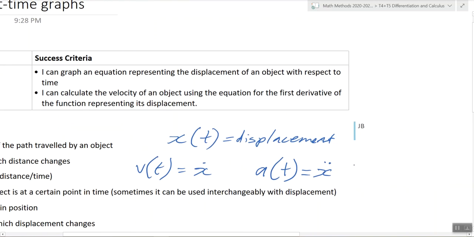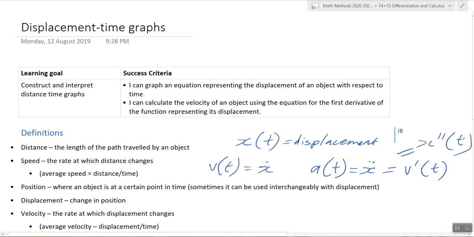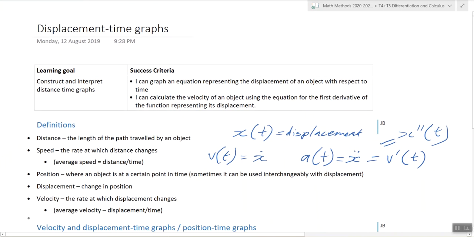Or we could also write it, do you remember this notation? f dash t. Two dashes for x. So these different types of notation we have discussed in the past because of different scientists or mathematicians.